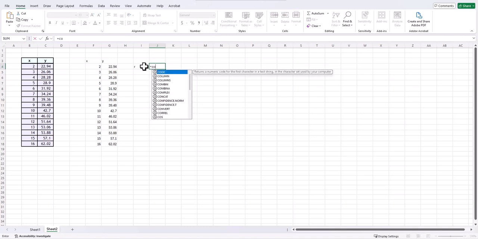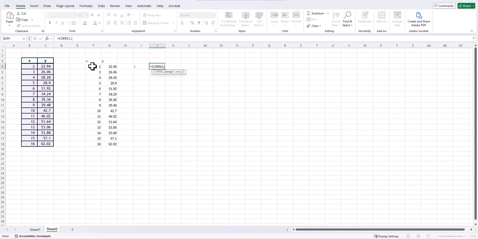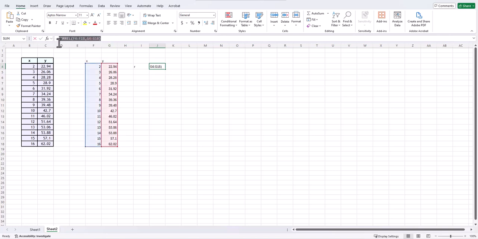Again, the function is CORREL, and we just grab our X values and then our Y values. I don't include the variable names here. Close it up, and this gives me the correlation coefficient. If you ever need more decimal places, just make the box a little bit larger by grabbing the right-hand side.